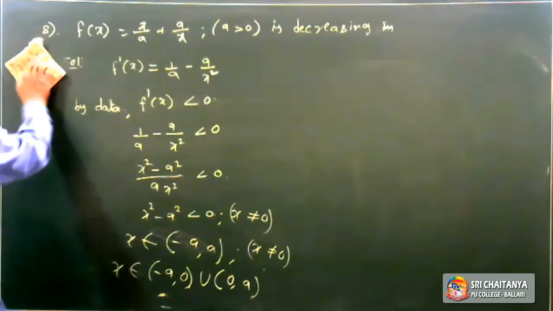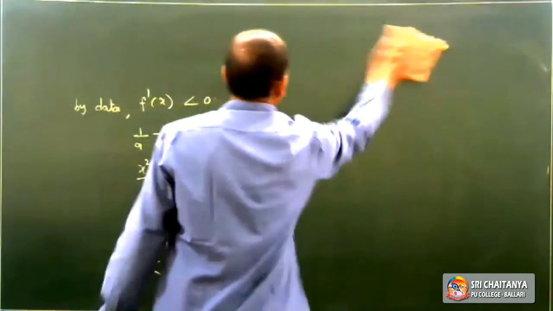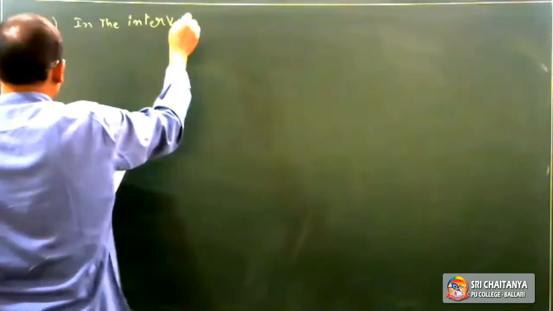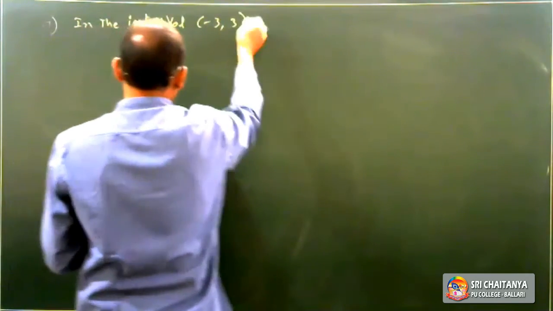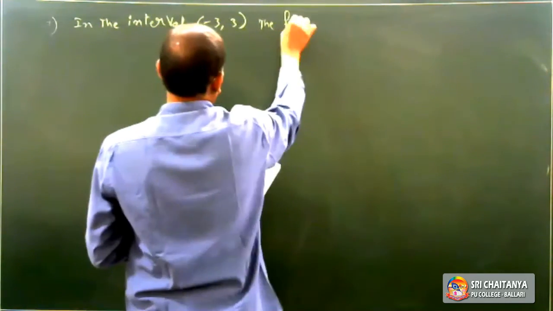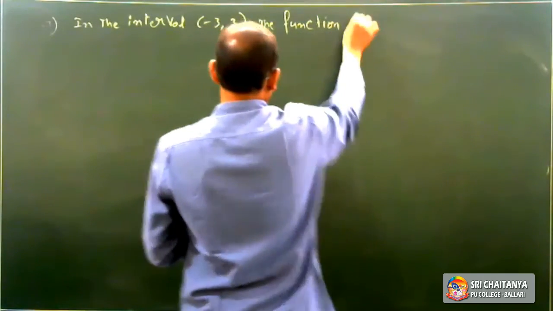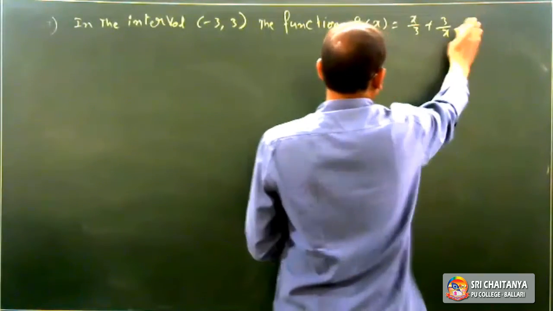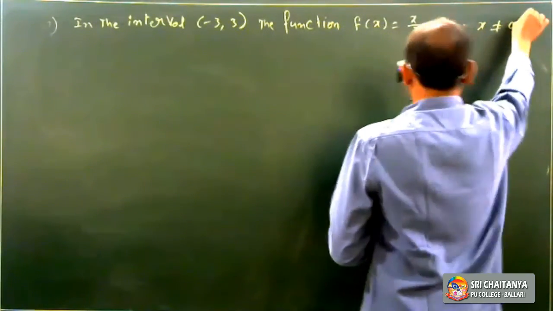Okay, write down the next question. In the interval minus 3 comma 3, the function f of x is equal to x by 3 plus 3 by x, x is not equal to 0, is.